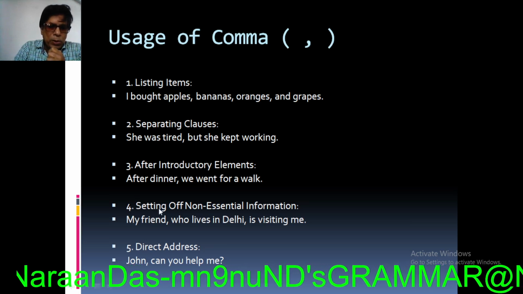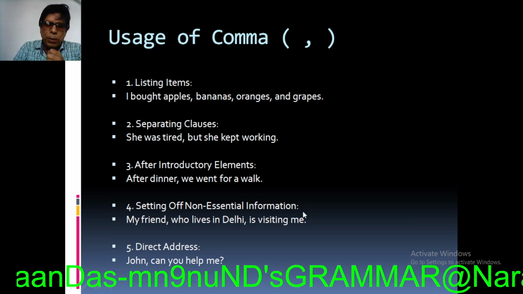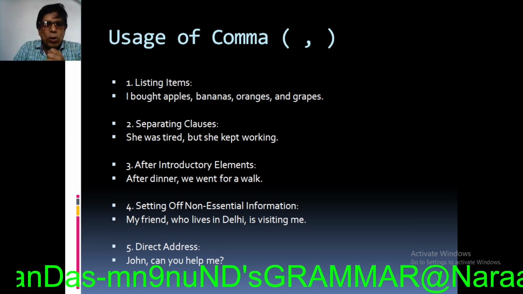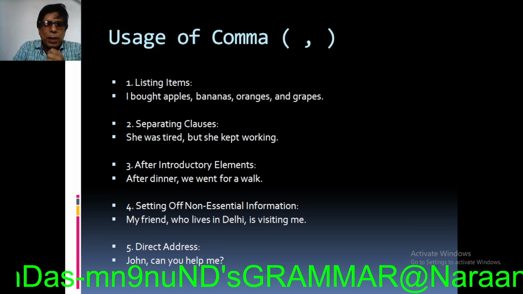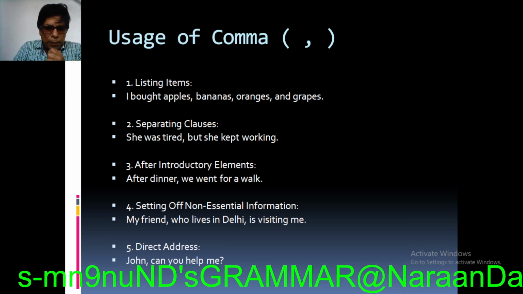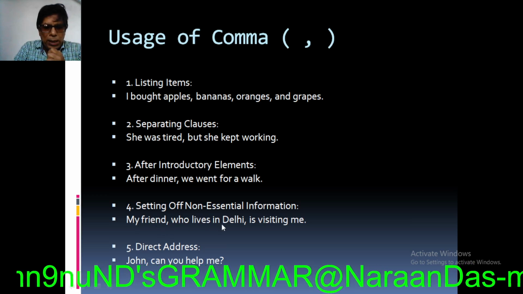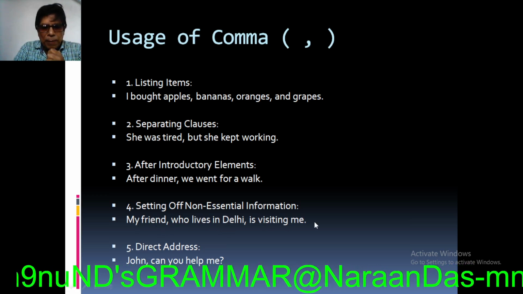Number four, setting off non-essential information. When we have some non-essential information and we want to separate it from the main idea, we put a comma. My friend, who lives in Delhi, is visiting me.